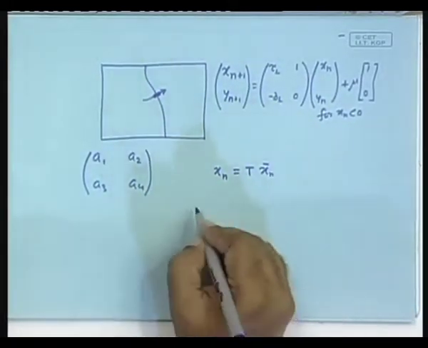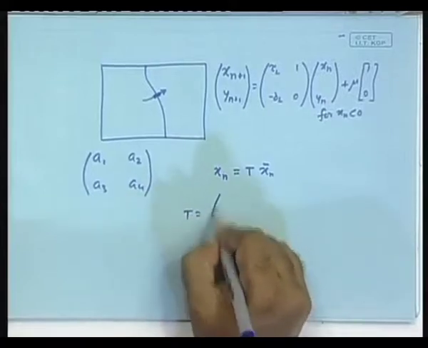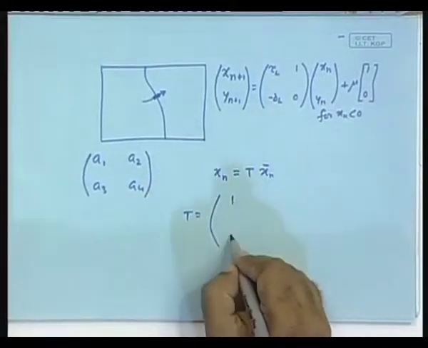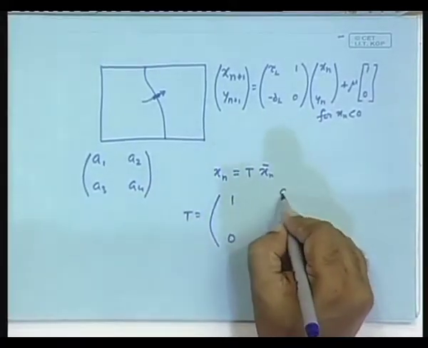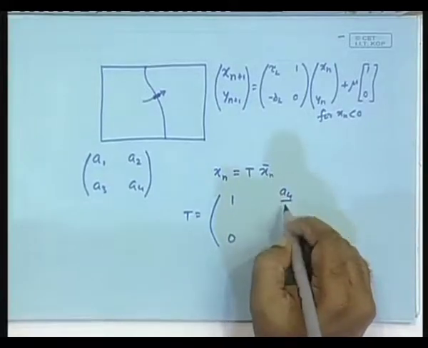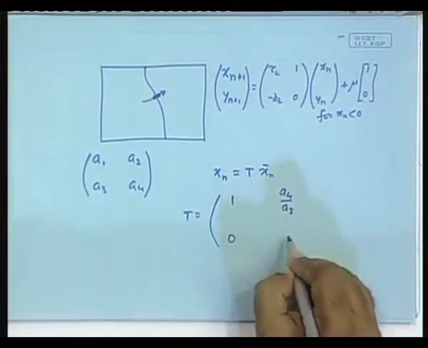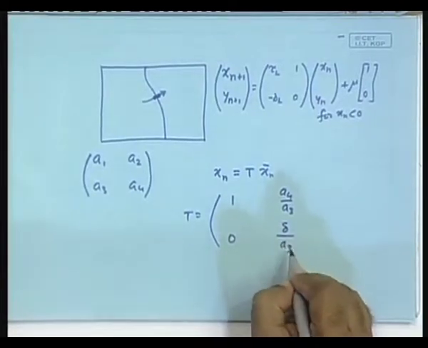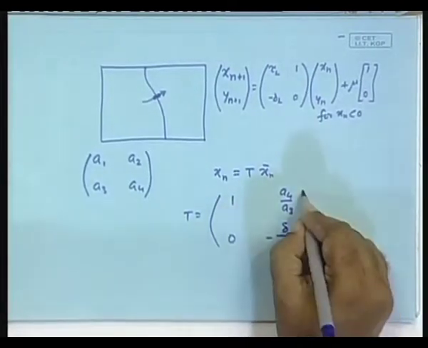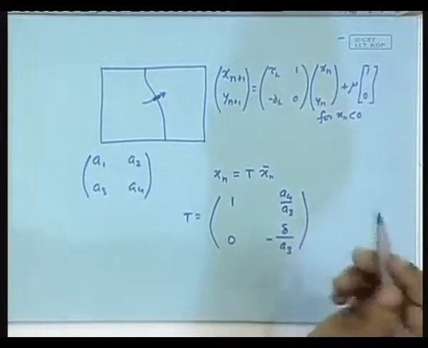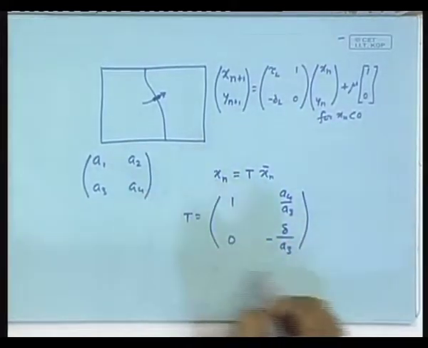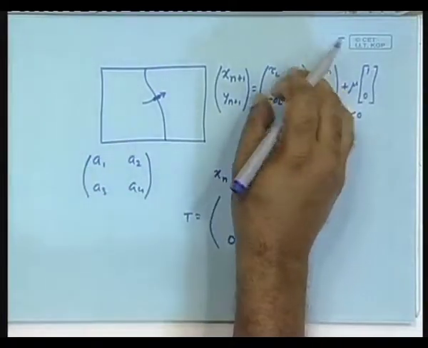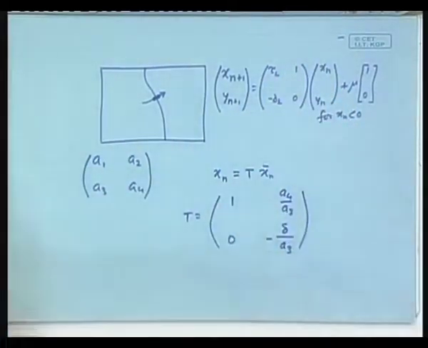Now, if T is defined as 1 0, A4 by A3, and here it is the determinant divided by A3, I suppose there will be a minus. Then you can easily see that using this transformation this matrix can be transformed into this matrix.